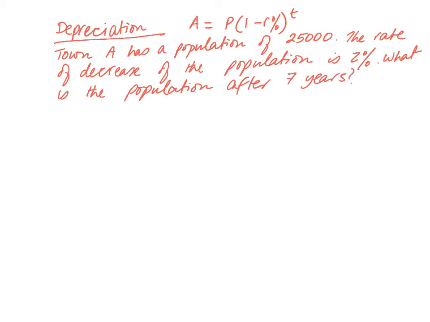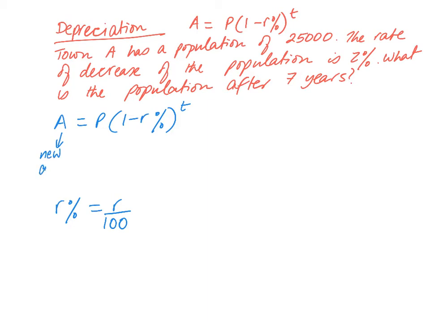So again, we'll use this formula. A is equal to P times (1 minus R percent) to the power T. We know R percent is R divided by 100, right? This is our new value or new amount, whatever you want to define it as. But this is the end value.